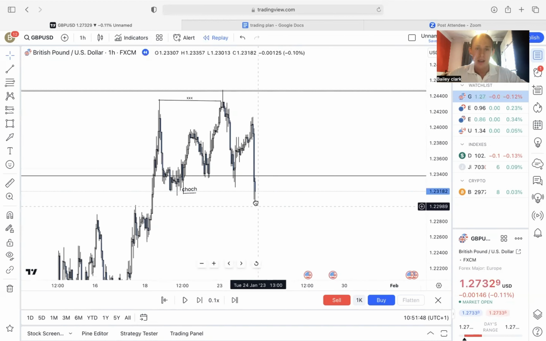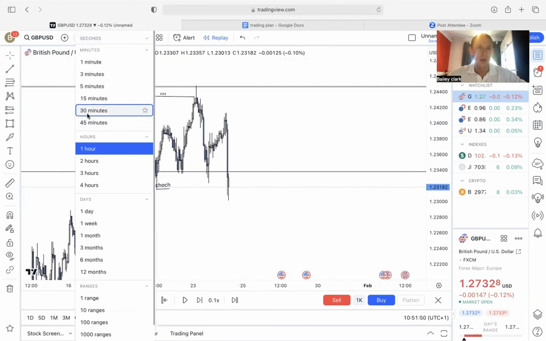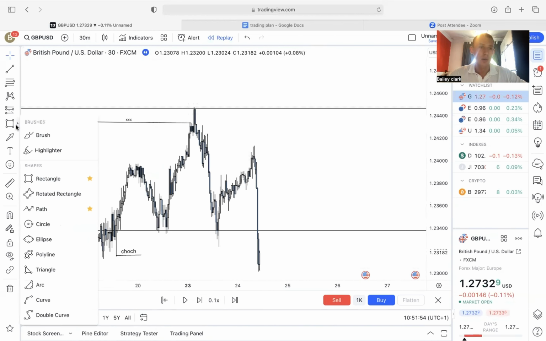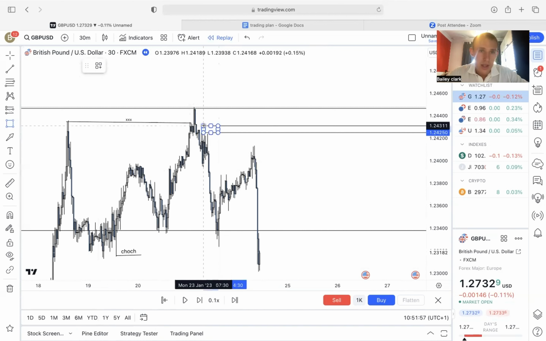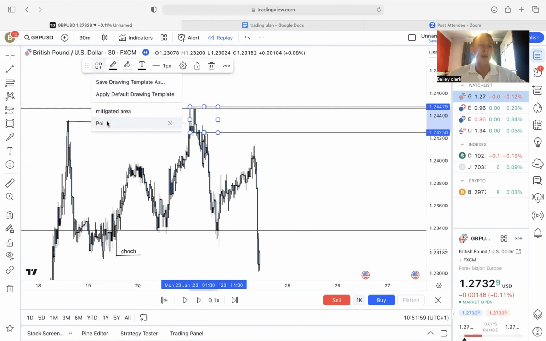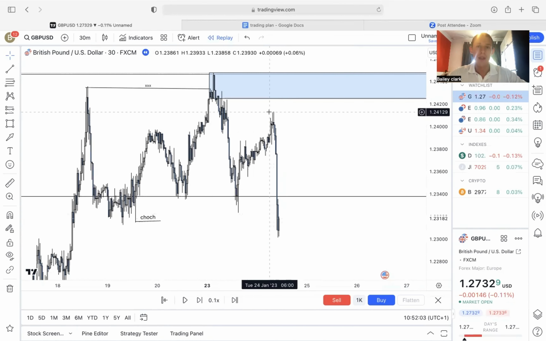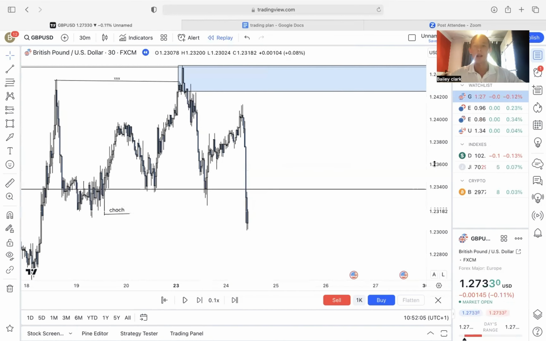And then in this case, as for an area to get in the trade, we have this candle, which was the one that swept liquidity. It's a premium level of supply, and we also have this area which I'm seeing as liquidity below as well.